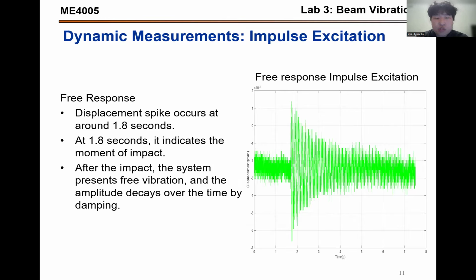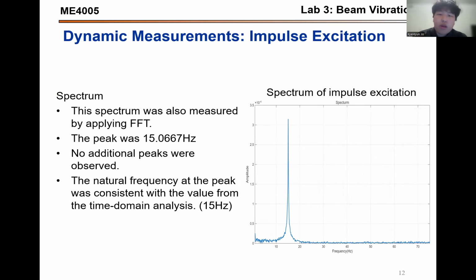After 1.8 seconds, the system presents free vibration, and you can see the amplitude decay over time because of the damping. For the spectrum, we apply the FFT to make sure everything lines up. The peak was around 15.0667 hertz, and no additional peaks were observed, which is also consistent with the time domain analysis.